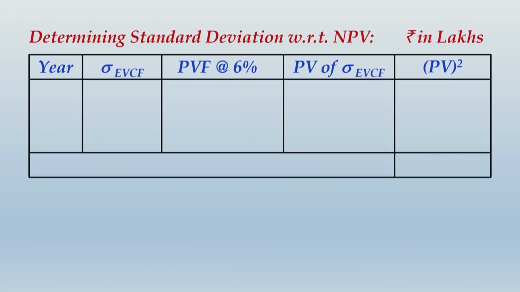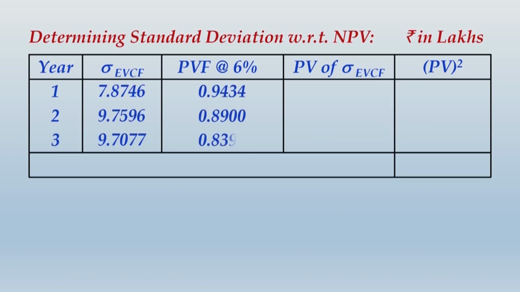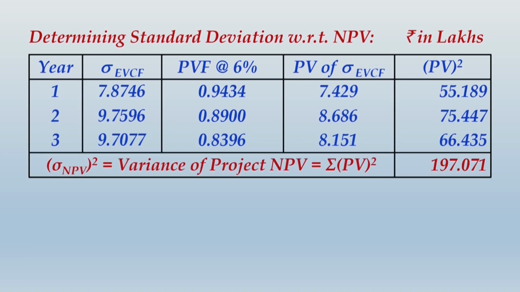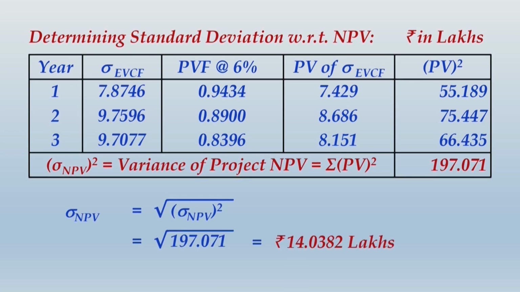So when you have computed standard deviation with respect to EVCF, applying Hiller's model and computing the present value of standard deviations and then taking the squared value of present values, the aggregate of the squared values of present value will give you the variance of the project's NPV, and square root of the variance would give you the standard deviation with respect to NPV, which comes to 14.0382 lakhs. So please make sure that you got this calculation. Once you have checked this, it will be end of this particular solution.